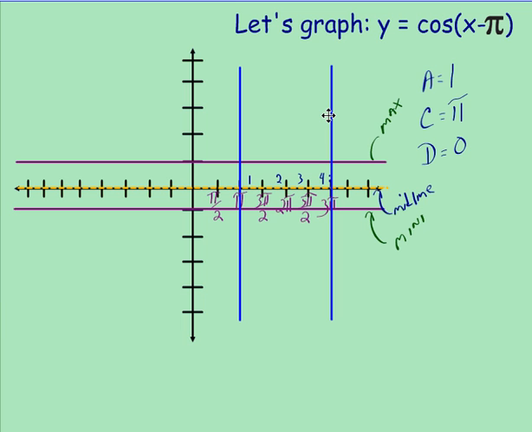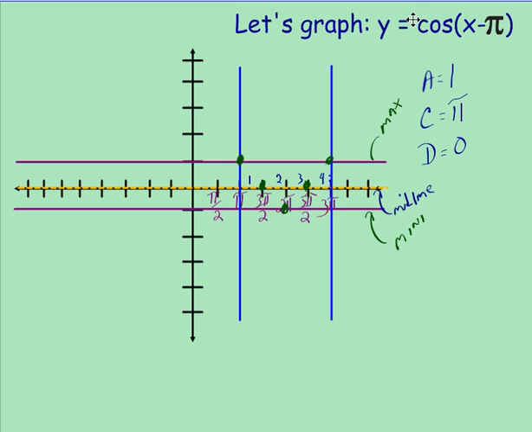Once we do that, where do we know that cosine graphs start? If it is a positive cosine graph, it's going to start at its maximum. So we'll have our first point on its maximum. Our second point will be at its midline. Our third point will be at its minimum, midline, and finally at its maximum.